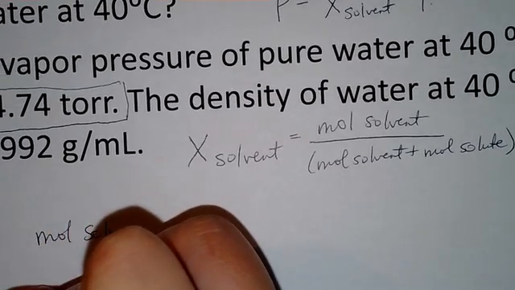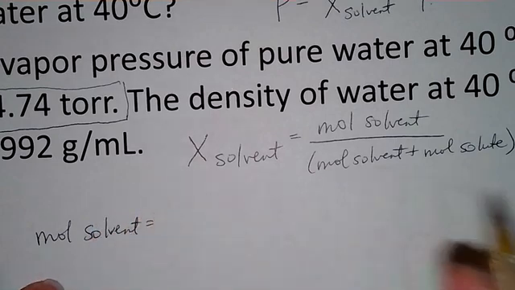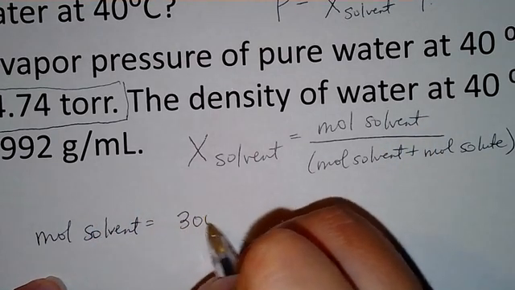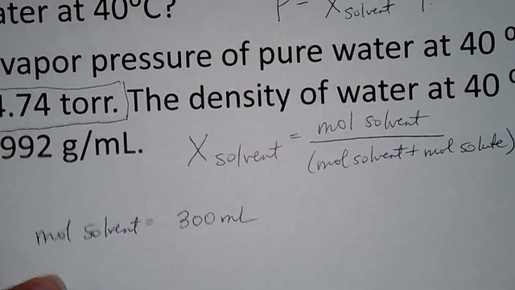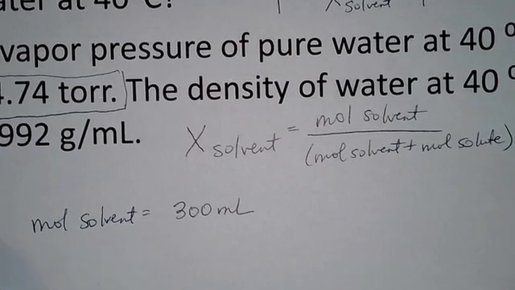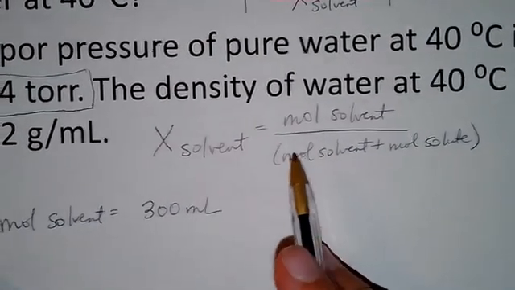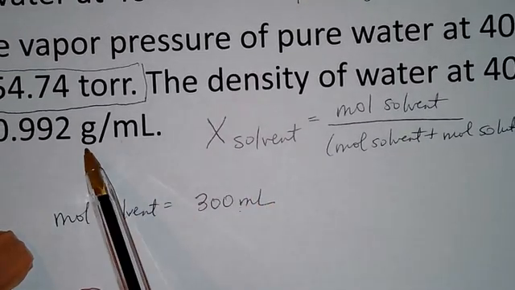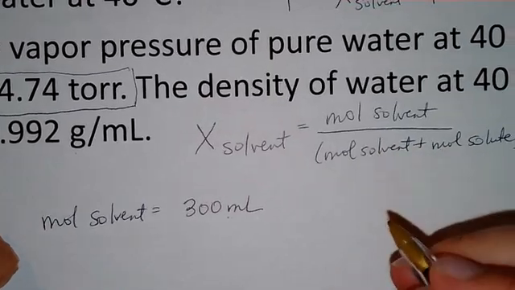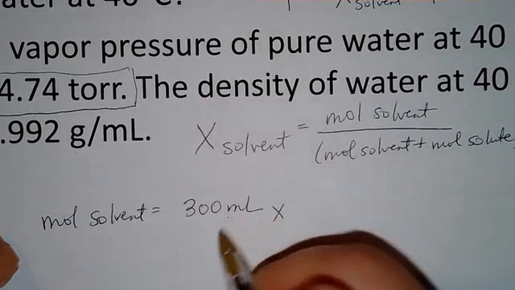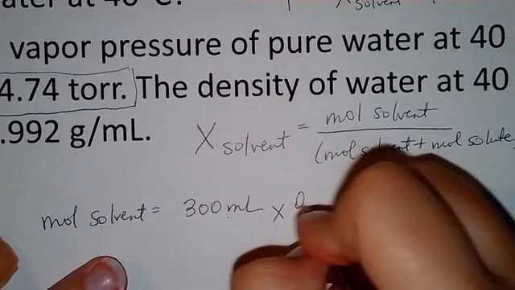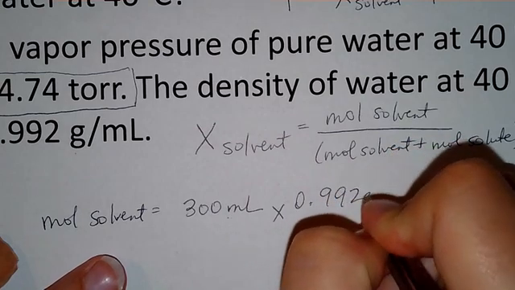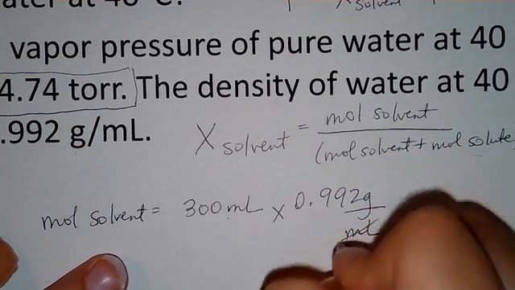We're going to turn our 300 mL into moles. This is where our density comes in. We're going to use density to turn milliliters into grams, and then we can turn grams into moles. So I'm going to multiply my milliliters times my density, and this will cancel out my milliliters, and now I have grams.